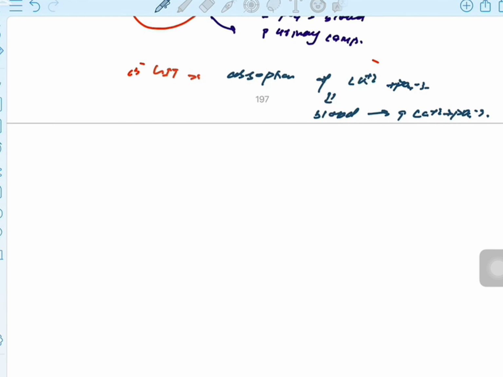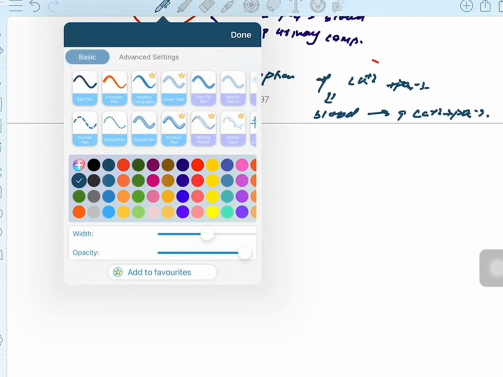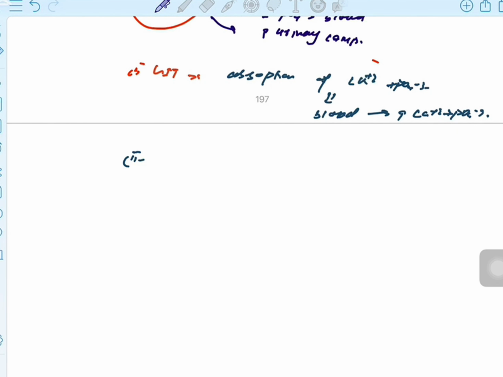Second, it also acts on your bones and causes resorption of bone. Resorption means breakdown of the bone.